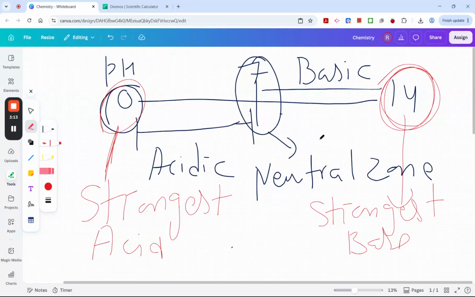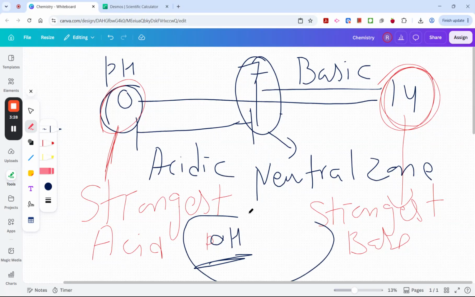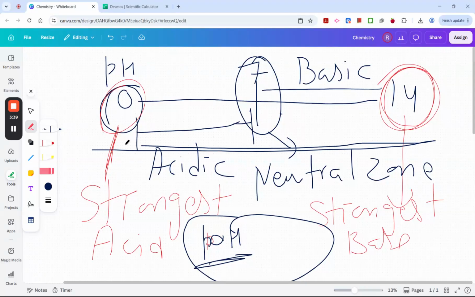If you have a pOH, that pOH value will not tell you if it's acidic or basic. You have to change the pOH value into pH to use the scale. The pH value will decide if your solution is acidic or basic.